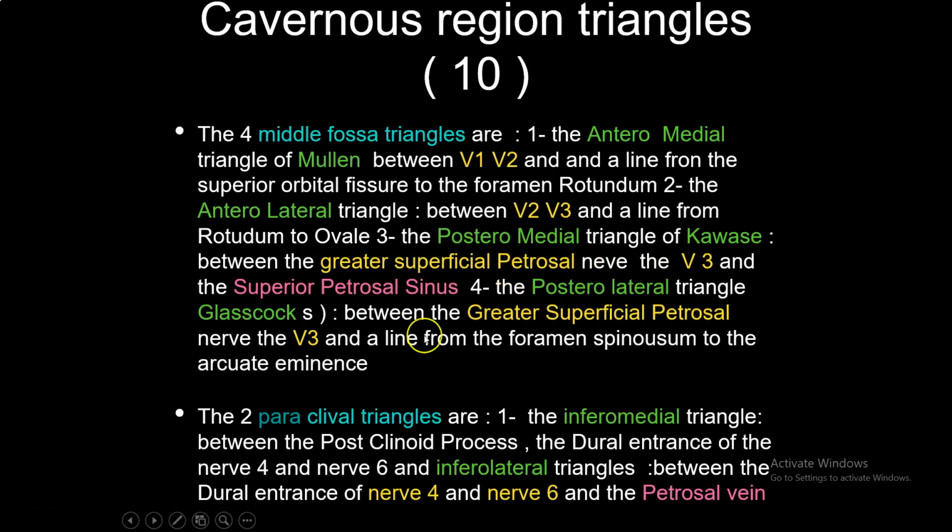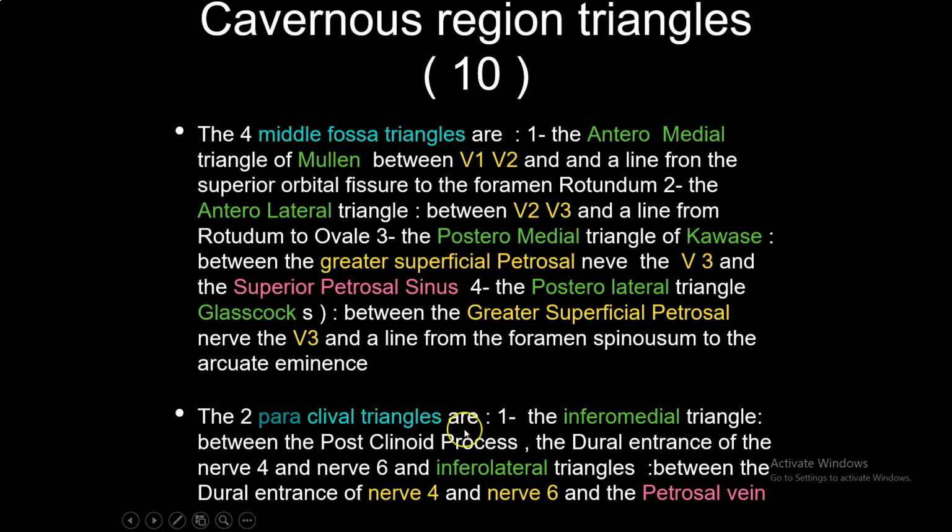Now we have 8. We are left with 2. Posterior fossa, the paraclival triangles, is the inferomedial triangle, is, as we'll see now, always remember the entrance of 4 and 6. So the entrance of 4, the trochlear, and the abducent with the posterior clinoid, they form the inferomedial triangle, and the entrance of 4 and 6 and the petrosal vein where it enters the superior petrosal sinus forms the inferolateral triangle.